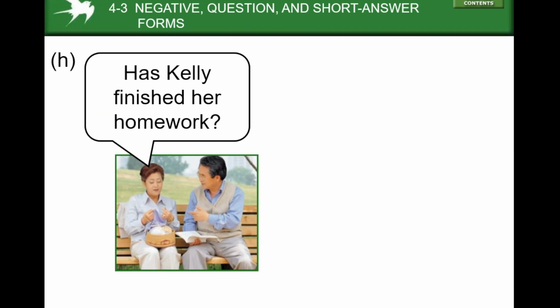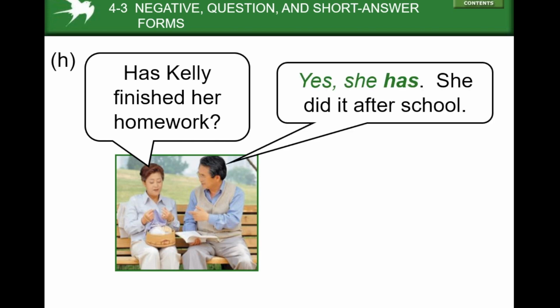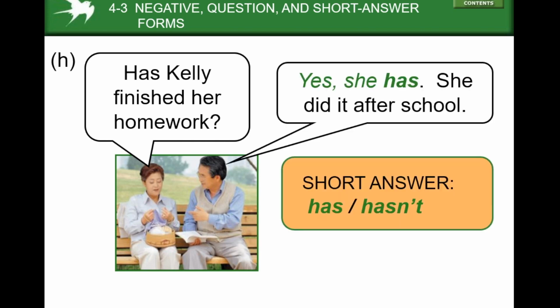Let's look at more examples. Has Kelly finished her homework? To give a short answer, you can answer with yes or no. If you answer with yes, you can say yes plus the subject plus the helper verb. So the answer becomes yes, she has.